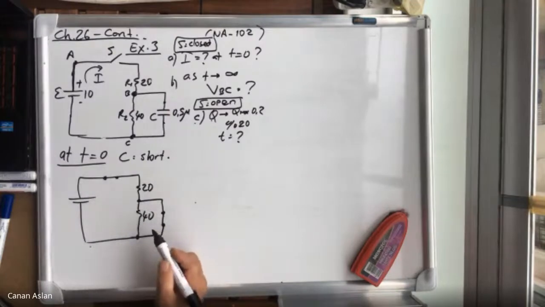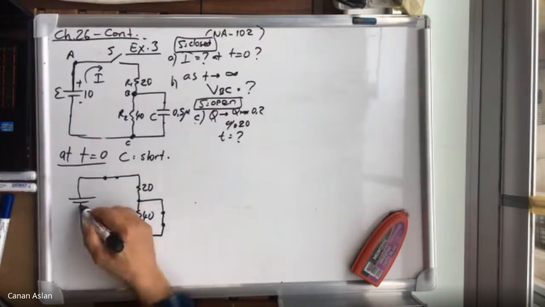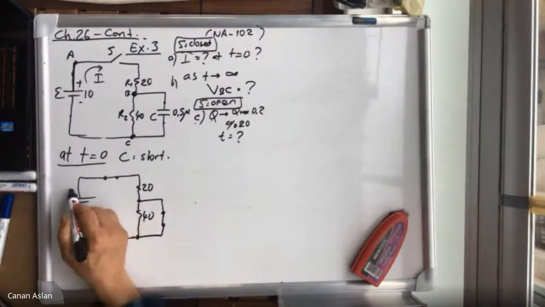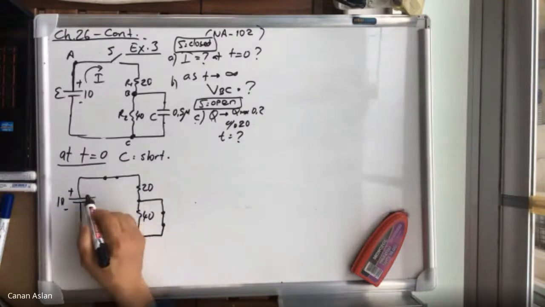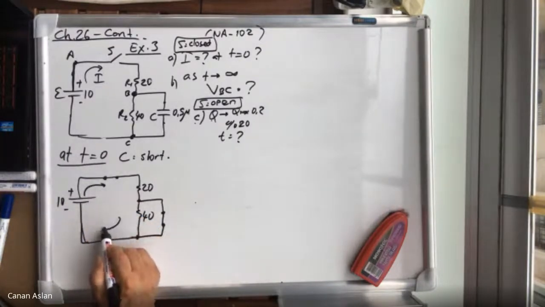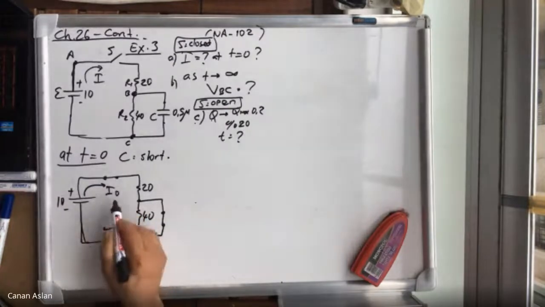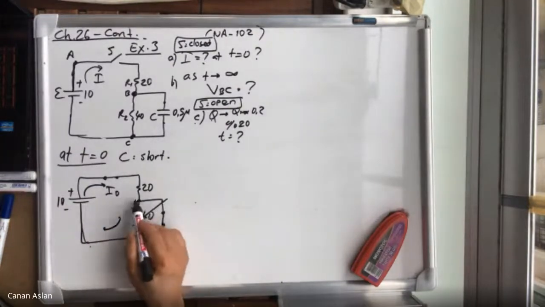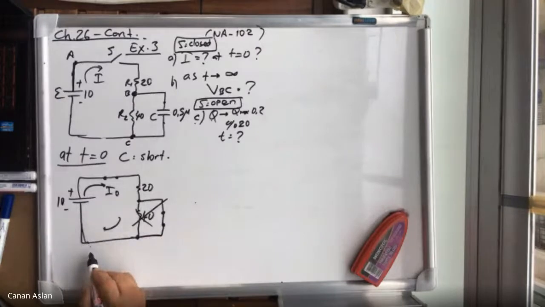So this is plus and minus 10 volts, and the current flows this way, and this is I0. Because this part is gone, I0 is just 10 over 20, which is 0.5 amperes. That's very simple.